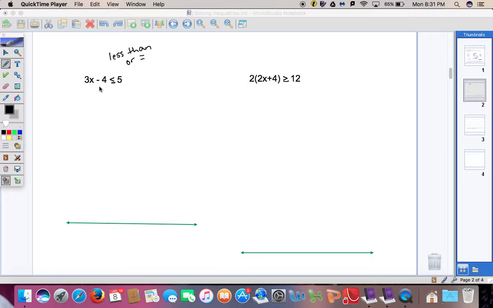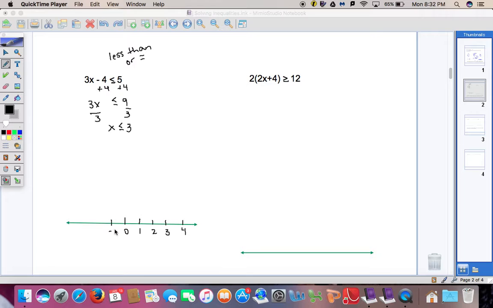Okay, we're simply going to add 4 to both sides, and then we would have that 3x is less than or equal to 9. And if we then divide both sides by 3, we get that x is less than or equal to 3. So when we graph this, we've got 0, 1, 2, 3, 4.